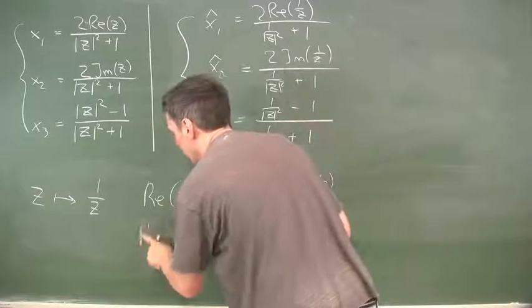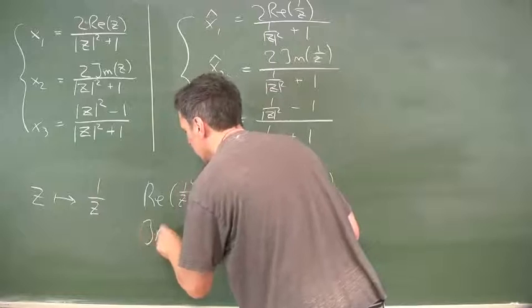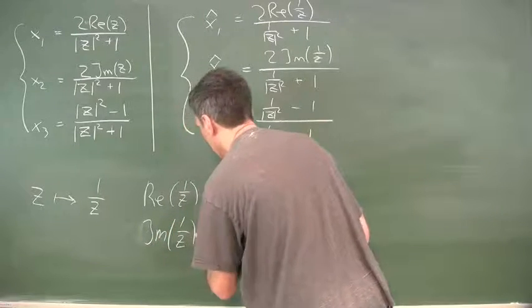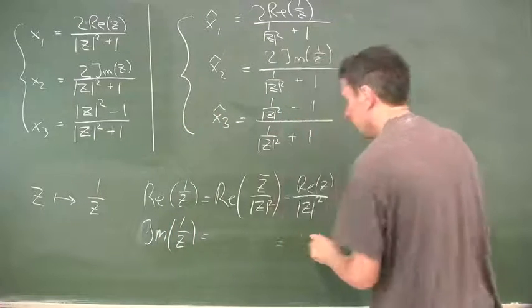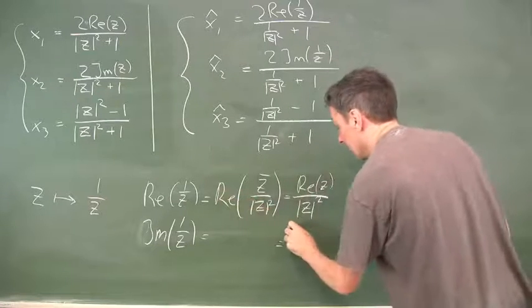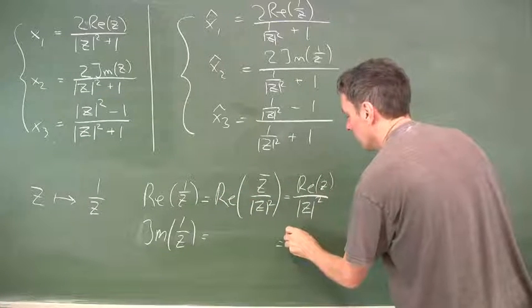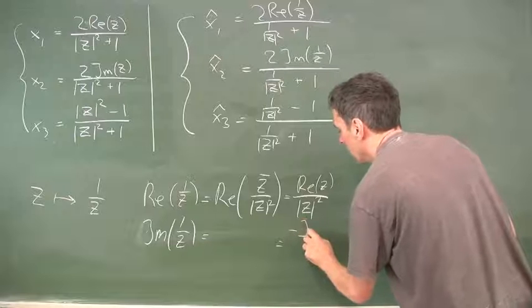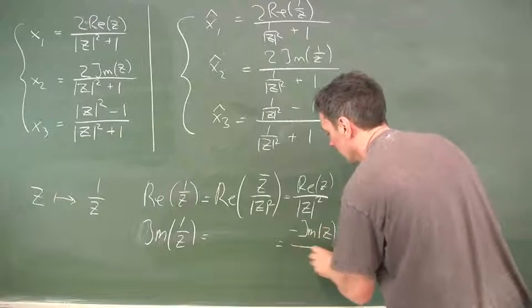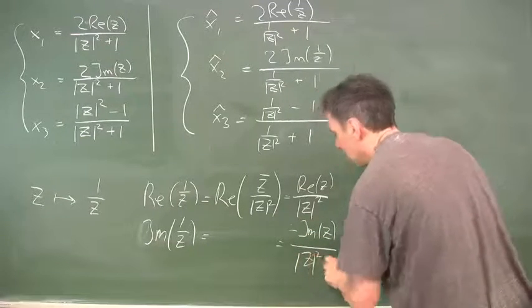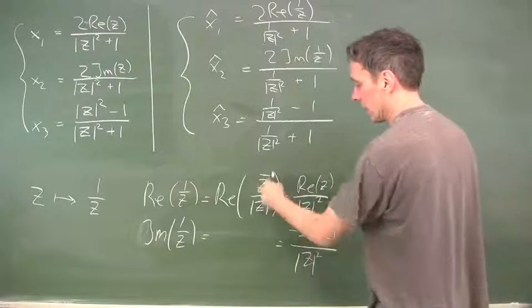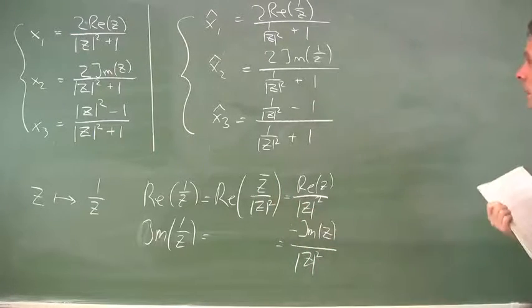And similarly for the imaginary part now. By the same computation, this will be equal to minus the imaginary part of z divided by z absolute value squared. The minus sign because you have taken the conjugate here, of course.